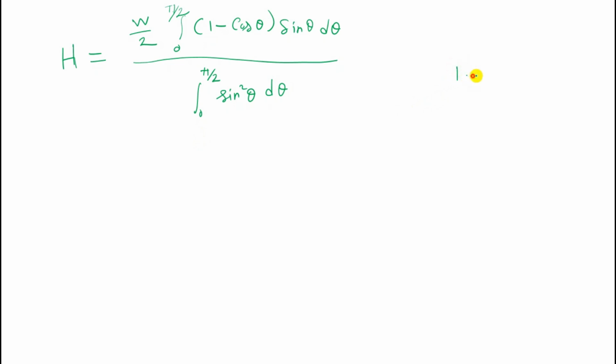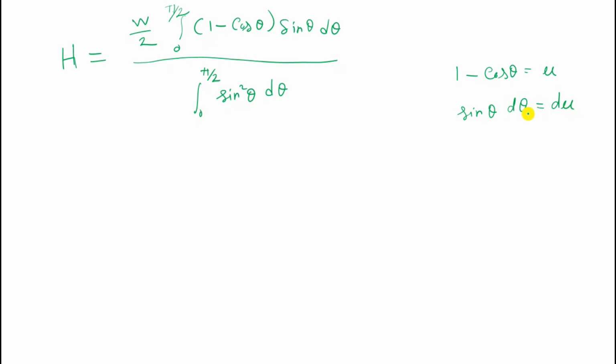If we consider 1 minus cos theta equal to u, we can write sin theta d theta equals du.